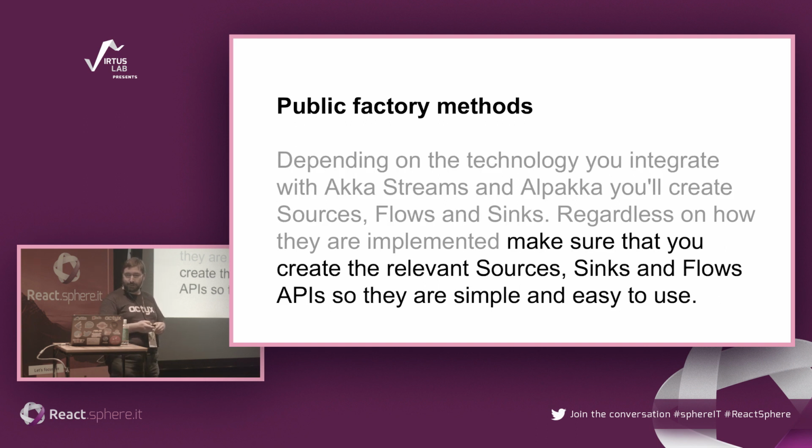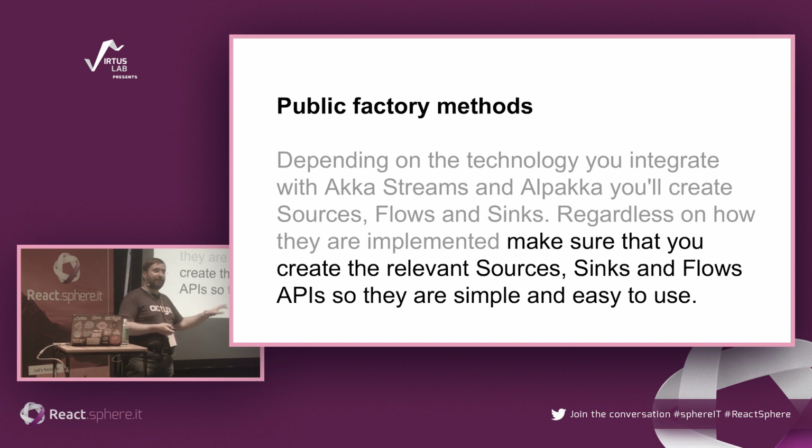The other thing is that you need to create relevant abstractions. So maybe sources, maybe sinks, maybe flows, if those are important to you. A Kafka consumer will be a source, but a Kafka producer, if you want to push into Kafka, is going to be a sink. Luckily, Kafka is so fast that you don't need to think about back pressure in that case.